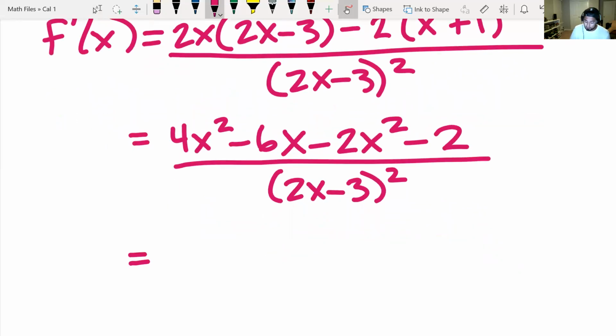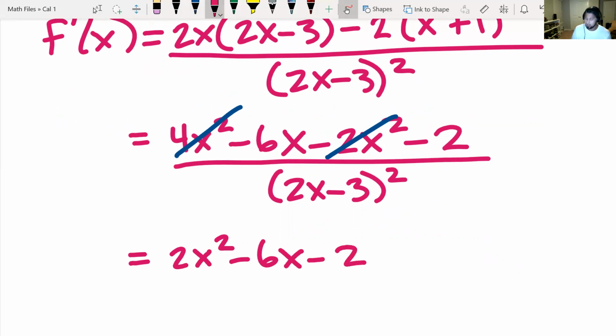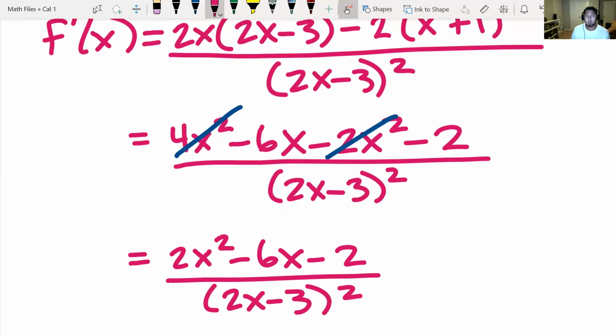Combine like terms. 4x squared minus 2x squared gives me 2x squared. And then all that's left is 2x squared minus 6x minus 2 over 2x minus 3 squared. Okay.